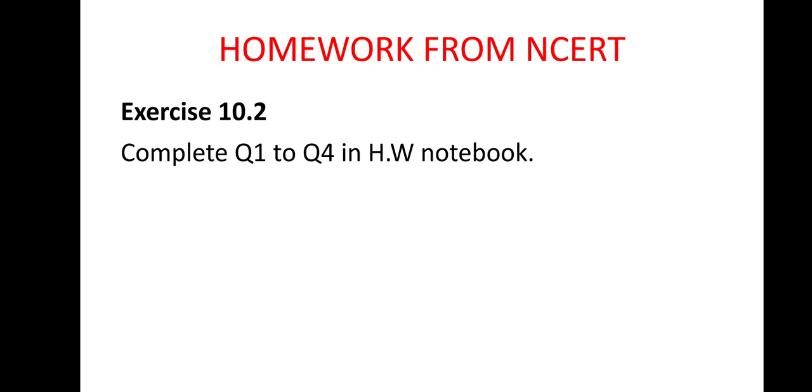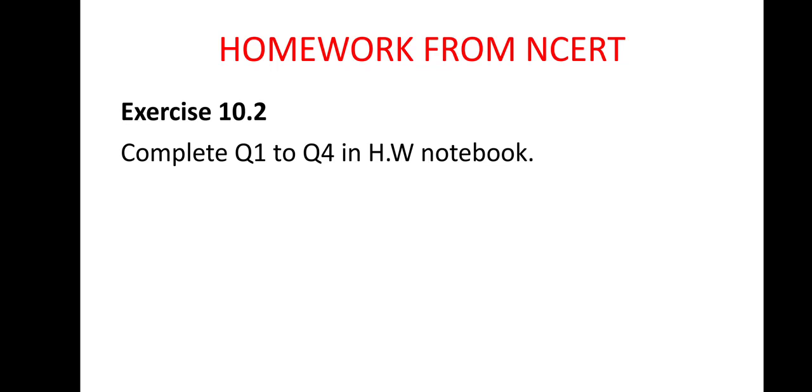As I told you, in exercise 10.2 different scenarios are given, and on the basis of those scenarios you are supposed to show your creativity while making the maps according to the requirement of that question.